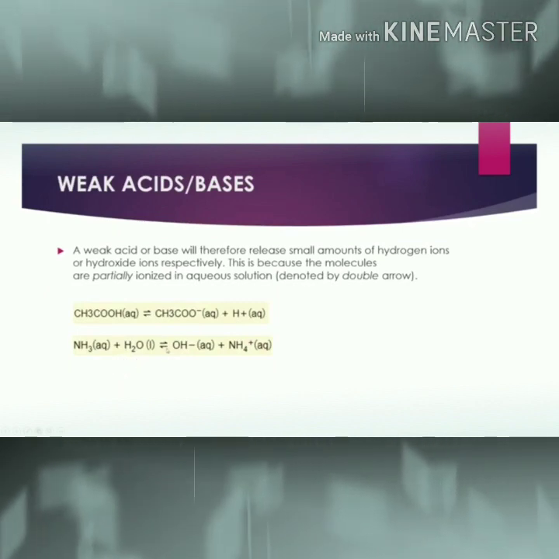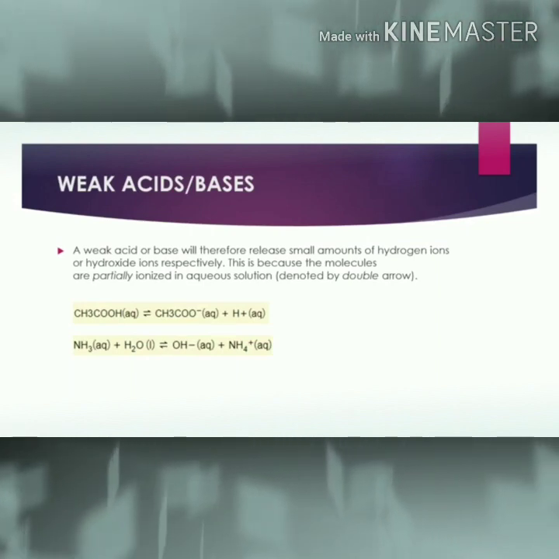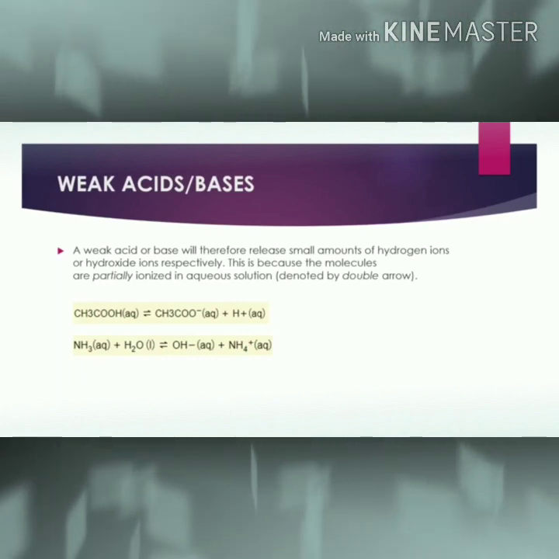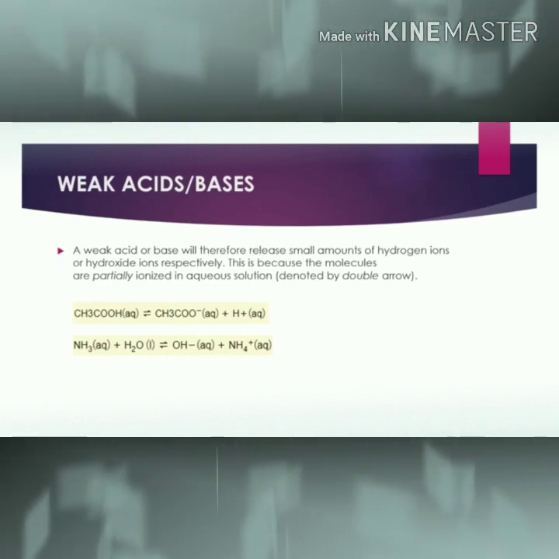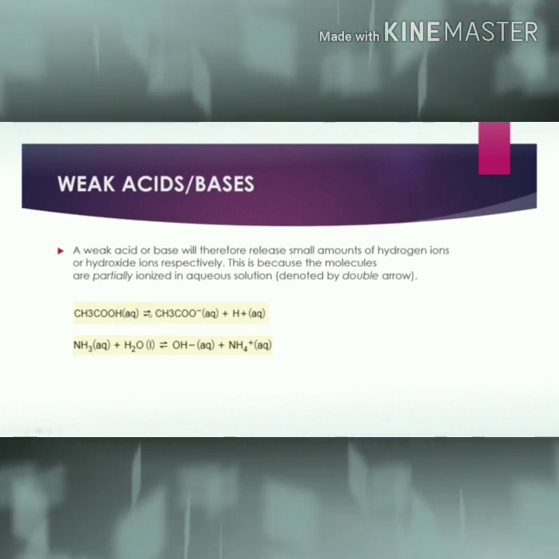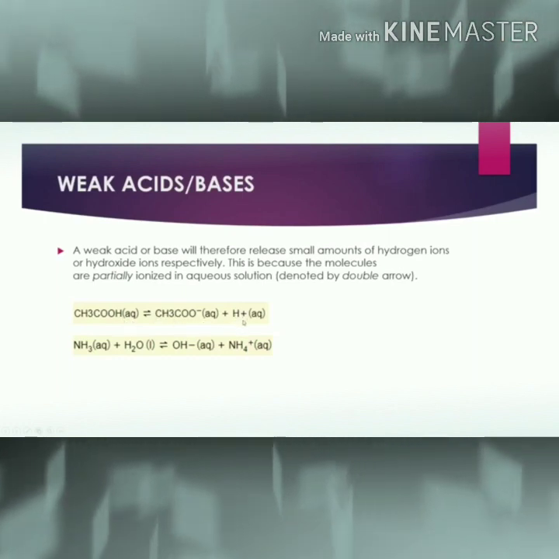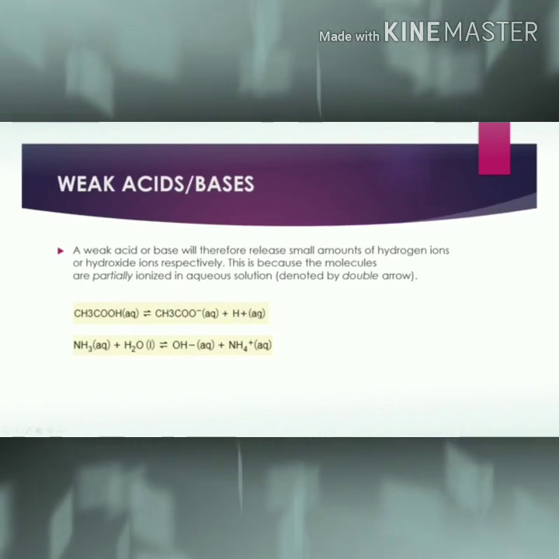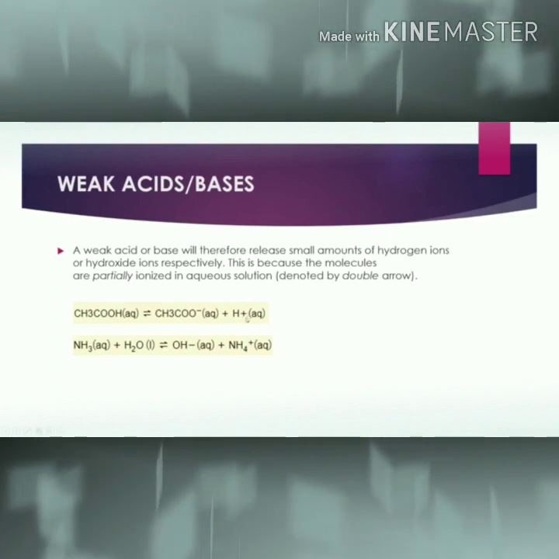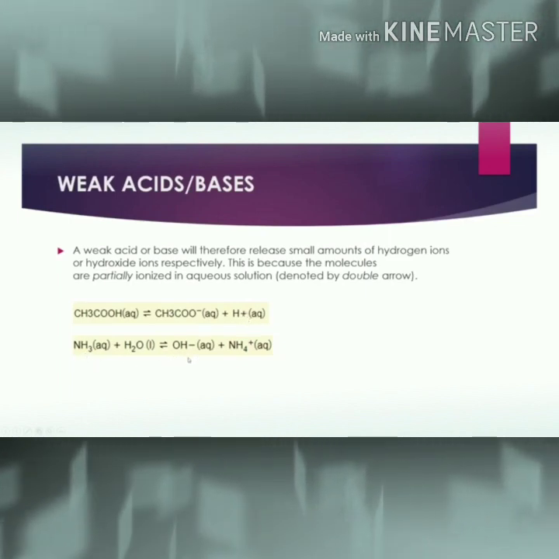Now let's move on to weak acid and weak base. Weak acids and bases generally release a small amount of hydrogen ions or hydroxide ions, because the molecules are partially ionized in an aqueous solution. Here are two different examples of weak acid and weak base. One example you could say is ethanoic acid. Here is how ethanoic acid dissociates into two different ions.